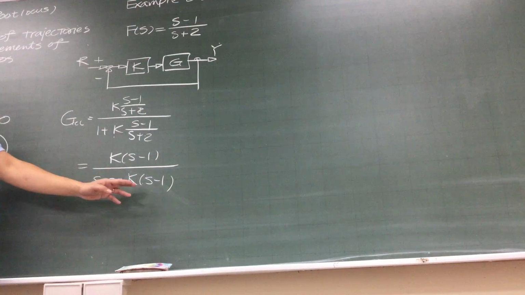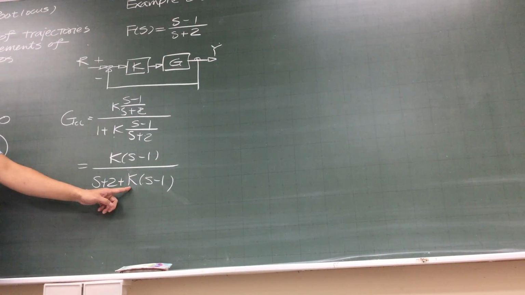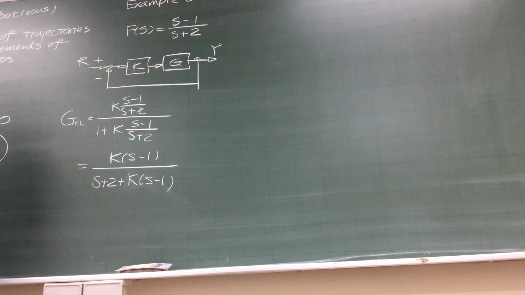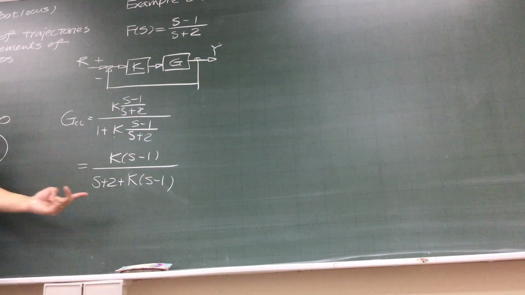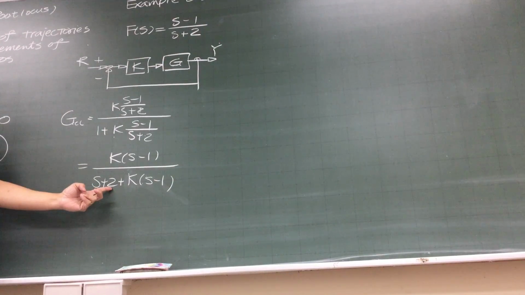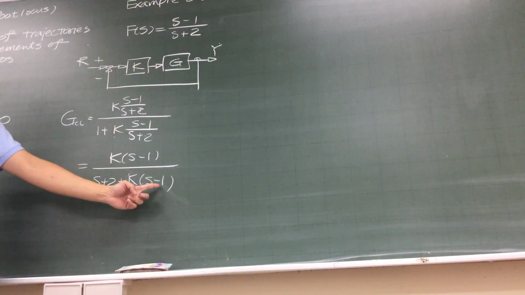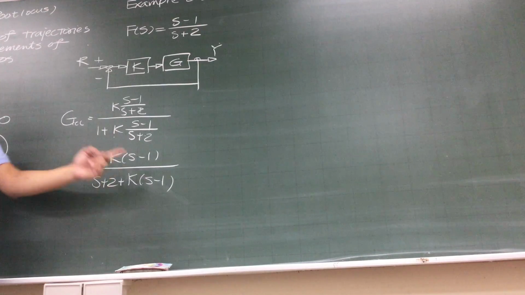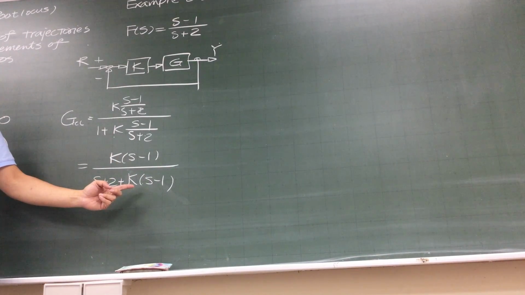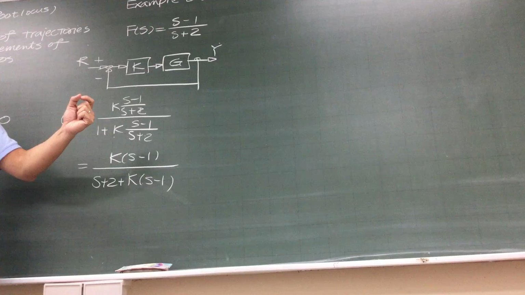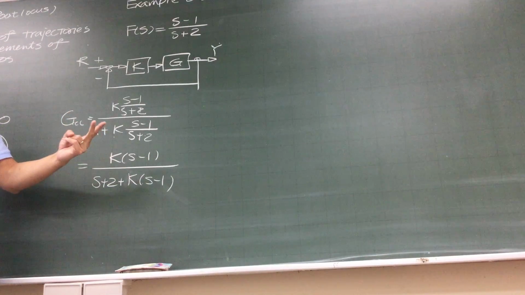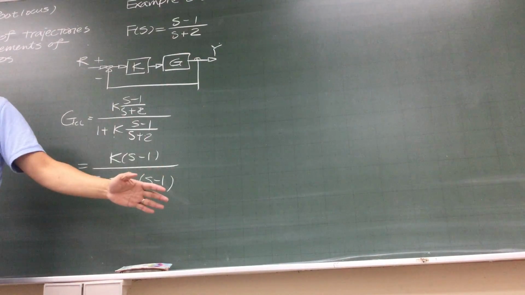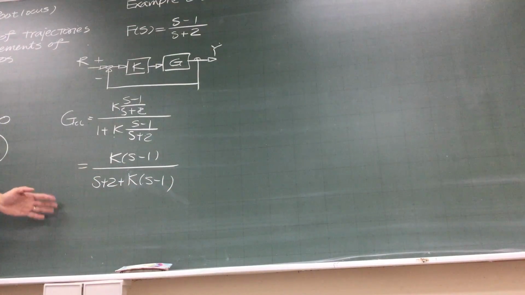So by looking at this part over here, we can say the maximum K is going to be what? 2. Does it make sense? Because now I have a constant over here which is 2, and K multiplied by minus 1. If we have K equal to 2, the constant term becomes 0. But if K is greater than 2, our system becomes unstable. So by looking at this, we know that.